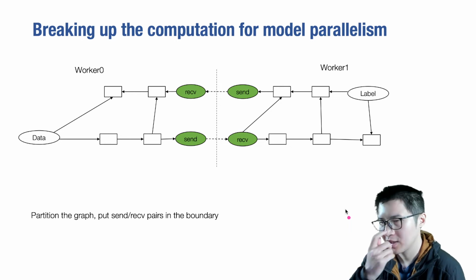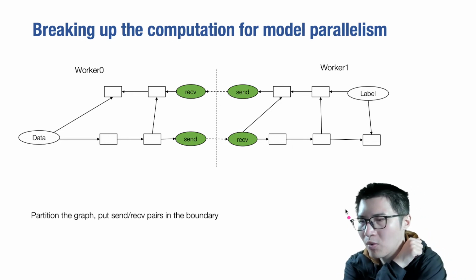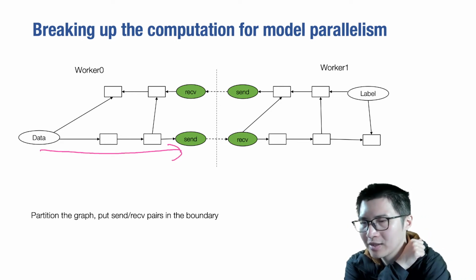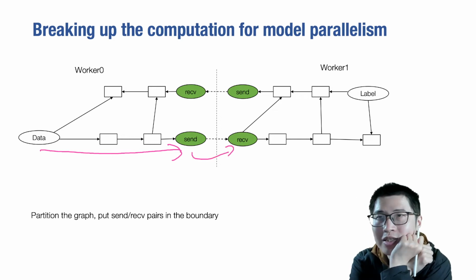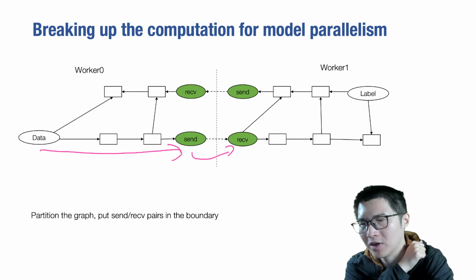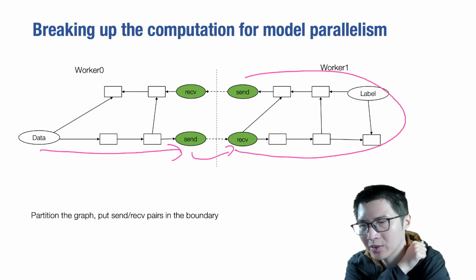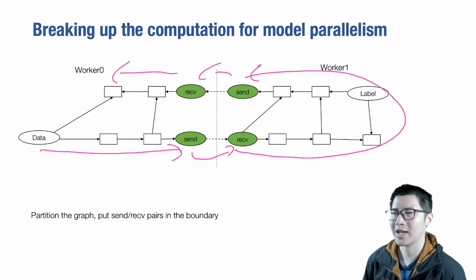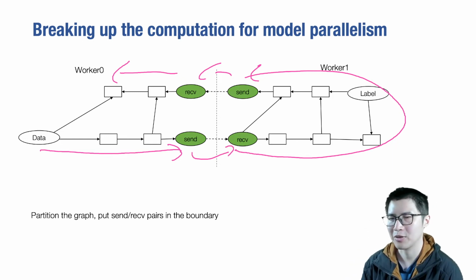In this case, worker 0 is going to take data, do the forward computation, and at this point send the result to worker 1. Then worker 1 is going to receive the data, do the gradient computation, send the result back, and then we get to the final gradient computation here.